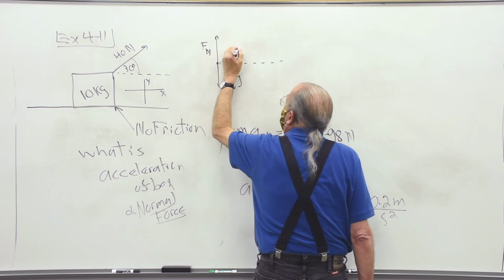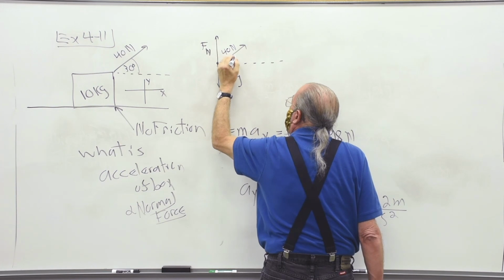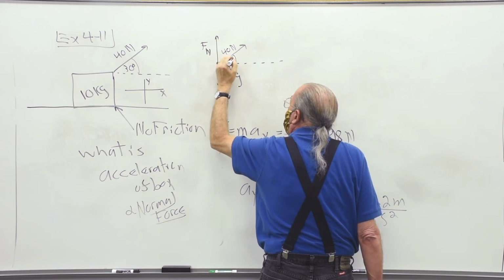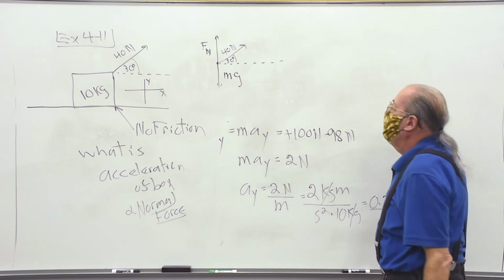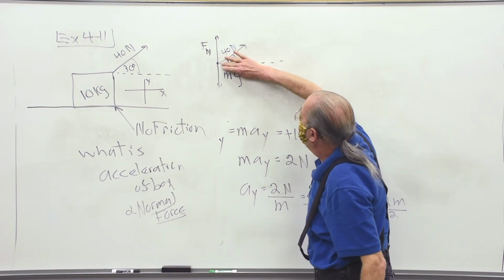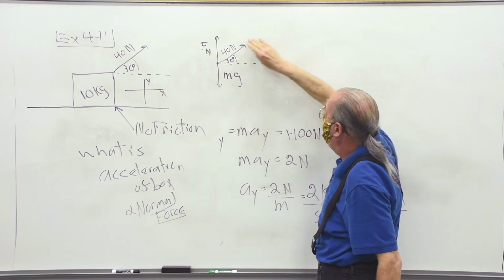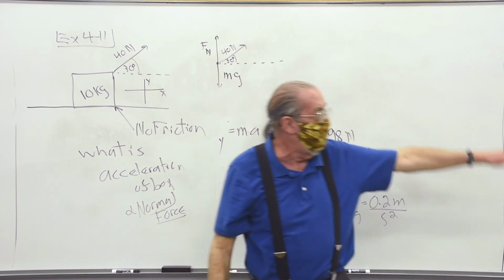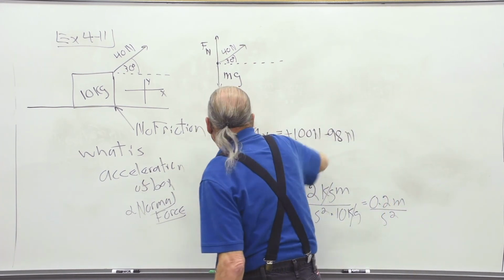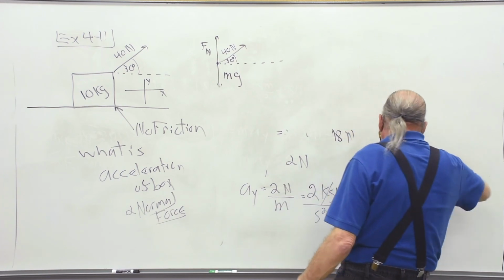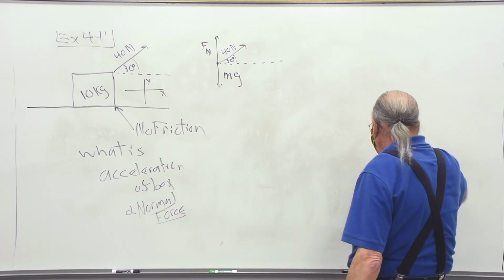This is this way, 40 newtons at an angle upwards of 30 degrees. So the free body diagram are those three vectors. One straight up, one straight down, and one angled up 30 degrees above the plus x-axis. Only one body here, so we only have one free body diagram.